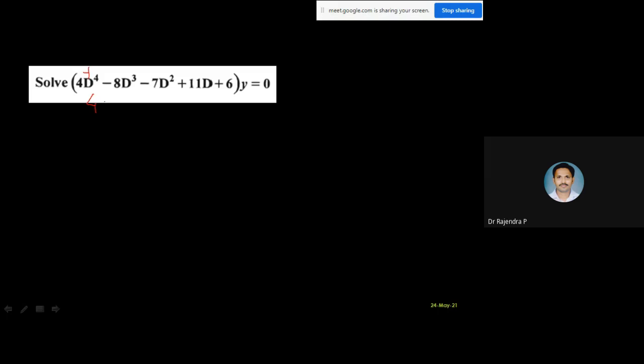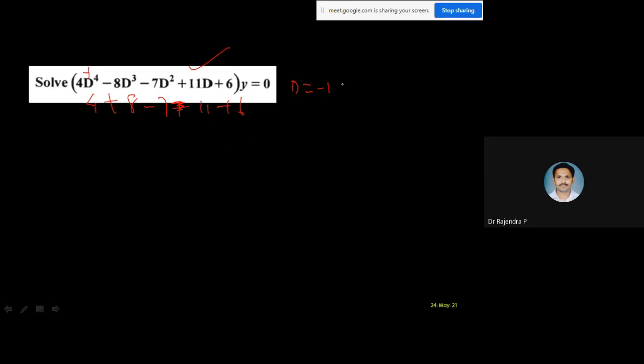This is 4, plus 8, minus 7, minus 11, plus 6. What is the value? Yes, it is going to be 0. So when I take D = -1, this equation is satisfied. Correct? So this is called the trial and error method.